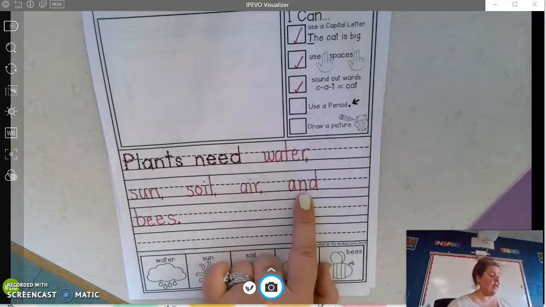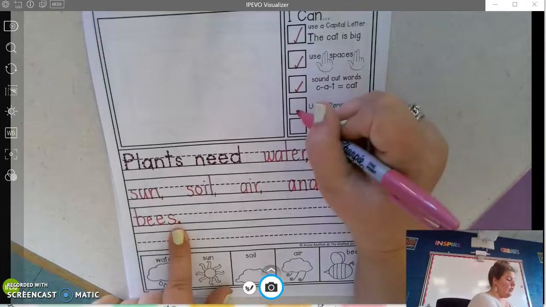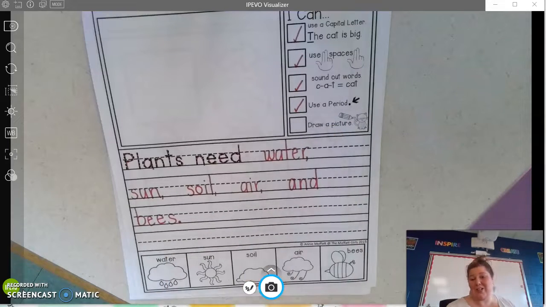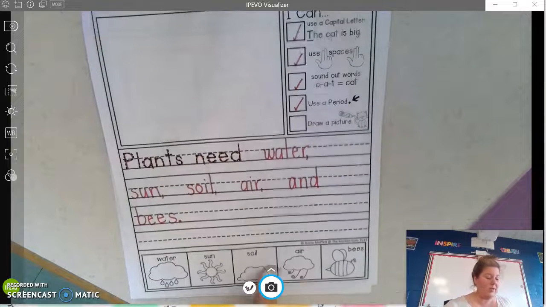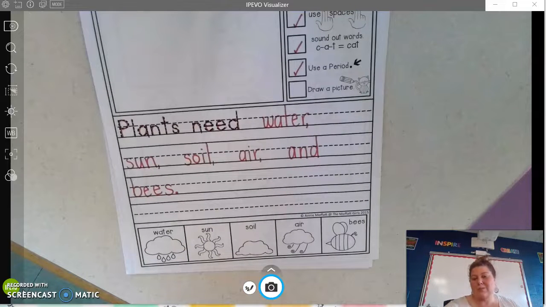Or did you know? That's okay. Used a period. Did we end our sentence with a period? We sure did. Drawing a picture is going to be your job. I want you to draw a picture of a plant and show some or all of the things that it needs. And then also, if you want, you can color these pictures down at the bottom, but you don't have to. Have fun, and I can't wait to see your pictures.